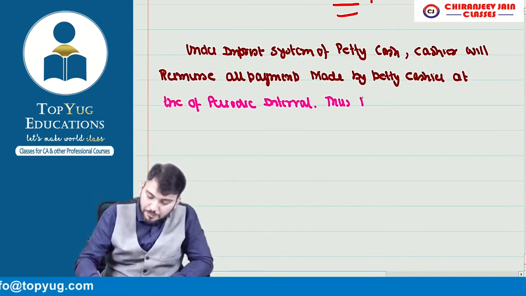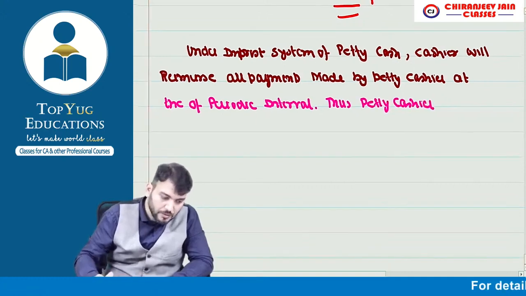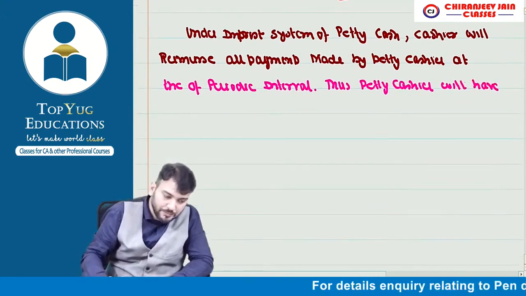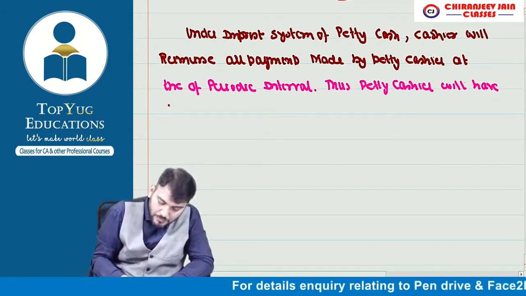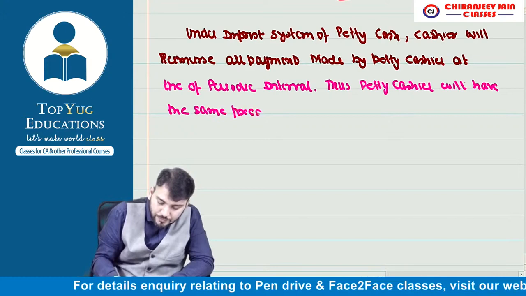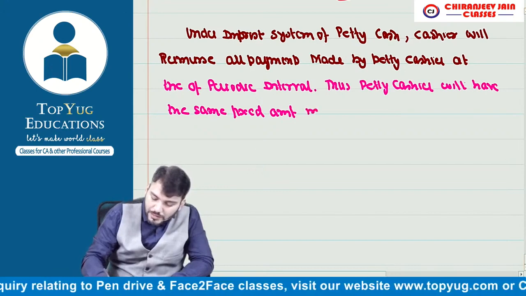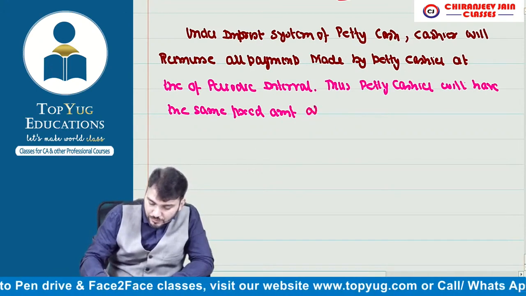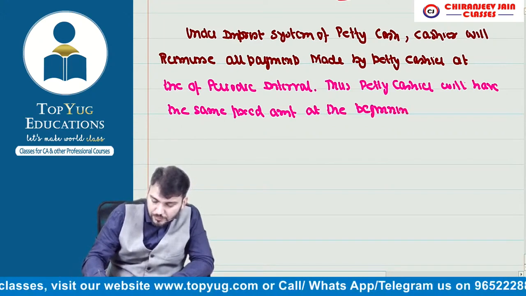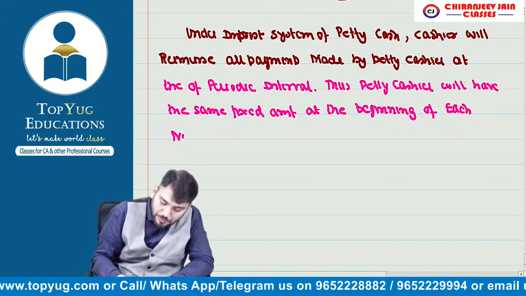Thus petty cashier will have the same fixed amount at the beginning of each new period.